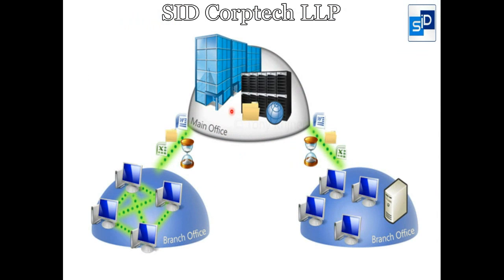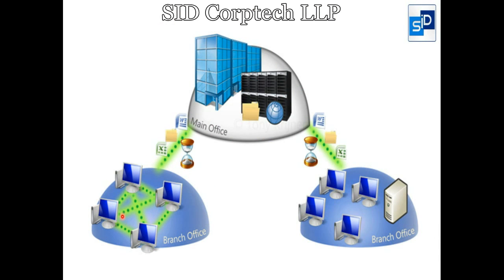Here we go. In this head office or data center, we install Tally ERP9. It would be a multi-user pack. Once we install it, the branch offices do not need to install Tally ERP9. What they have to do is install the SID client technology.